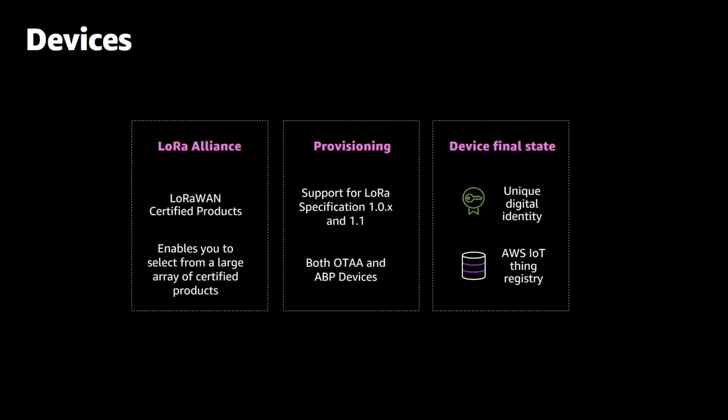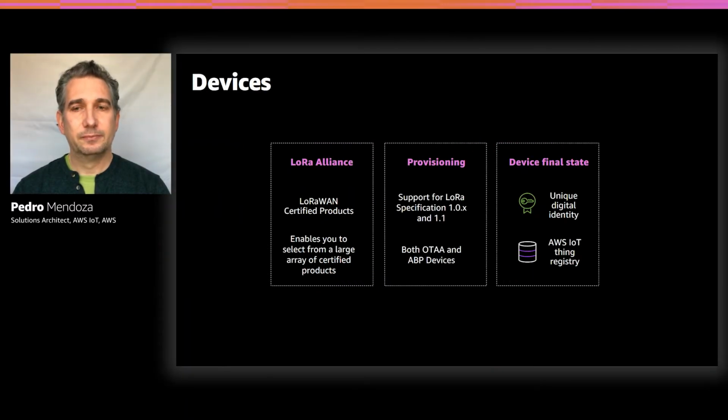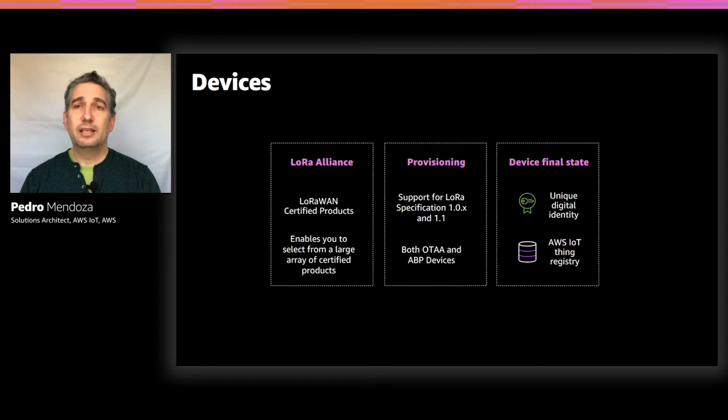On the other hand, OTAA uses keys that are dynamically generated. These are keys that we will dive a bit deeper into, generated by the join server, and it is the join server's responsibility to distribute them to both the LNS as well as the application server. Finally, I would like to mention that, as happens with the gateway, once the device has been registered with AWS IoT Core for LoRaWAN, it will be listed as another thing in the AWS IoT Core thing registry.